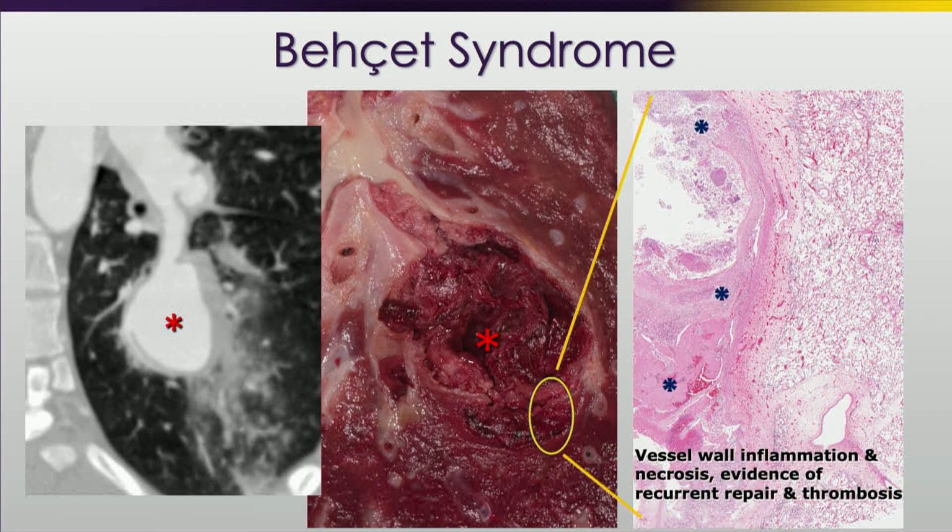Close histologic examination of this pulmonary aneurysm wall showed extensive both active and chronic and partly healed signs of inflammation, as well as acute on chronic thrombosis within the lumen of that pseudoaneurysm. And it really shows you not only the aggressive but also necrotic character of this particular form of large vessel vasculitis.